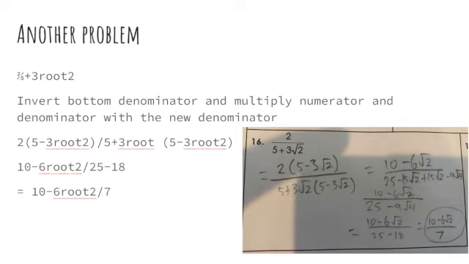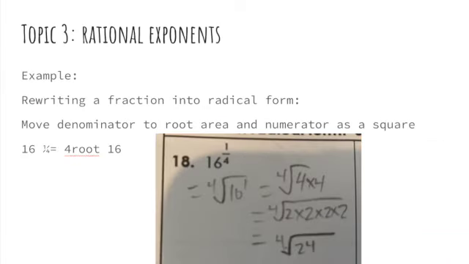Okay, topic 3. The example is rewriting a fraction into radical form. Basically you move the denominator to the root area and the numerator as a power. So for the example problem 16 to the power of 1 over 4, that would give you 4 root 16.